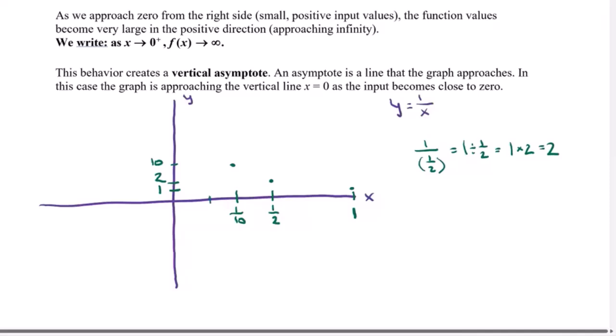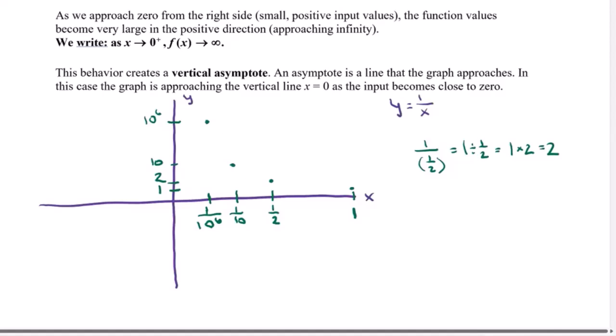What if we pick a point 1 over 1,000,000? So I'm going to write 10 to the 6th power as 1,000,000. So this is 1 over 1,000,000, and it's going to be 1,000,000.